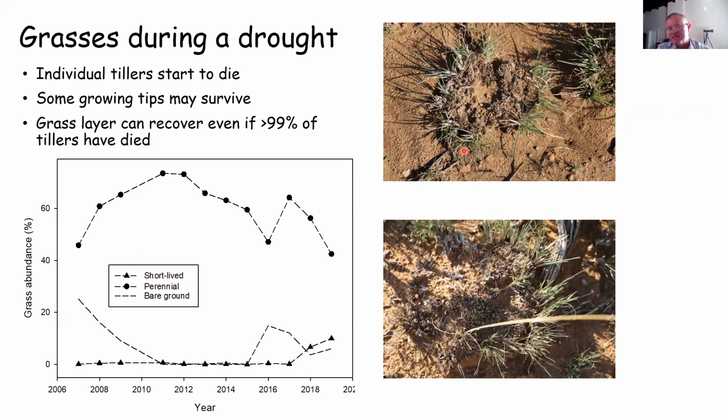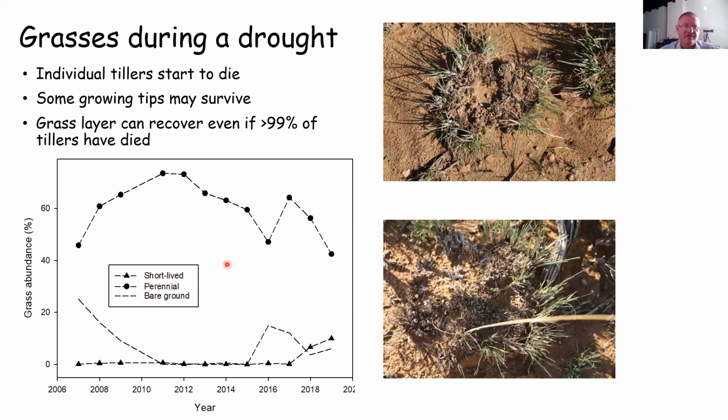And what this means is that these perennial grasses just have this uncanny ability to survive a drought. They can't completely survive drought, of course. They can die, as we'll look at, but they really do manage to persist longer than one would expect them to, based on the rate of tiller mortality.